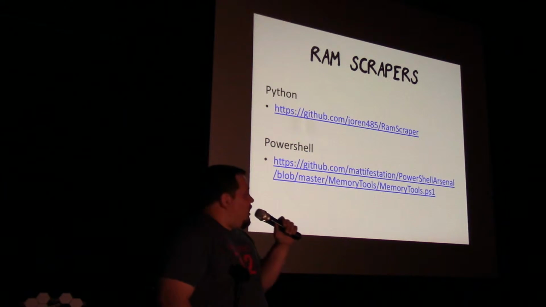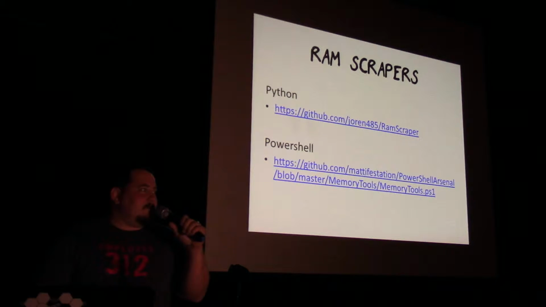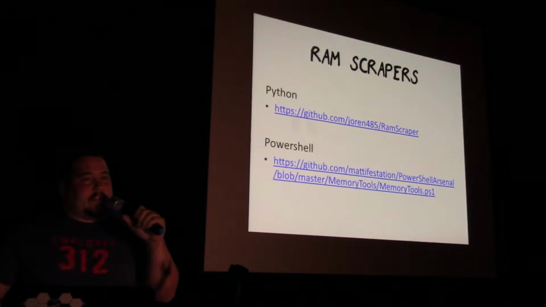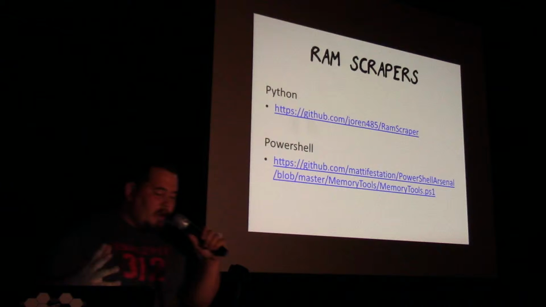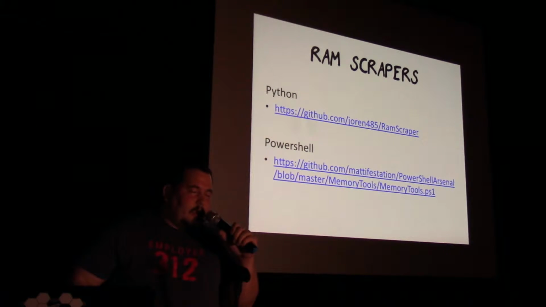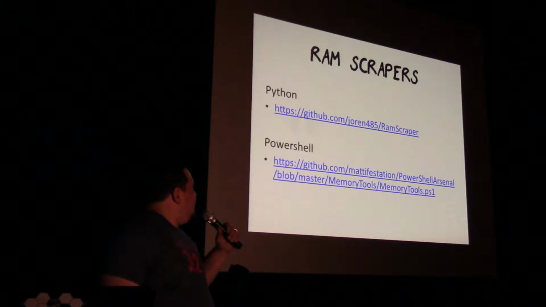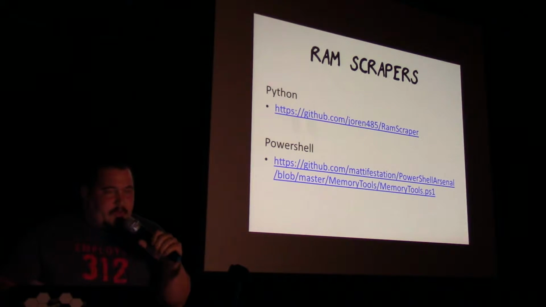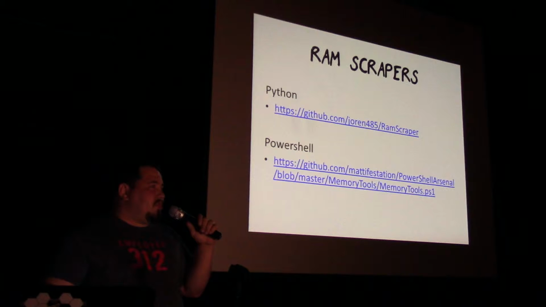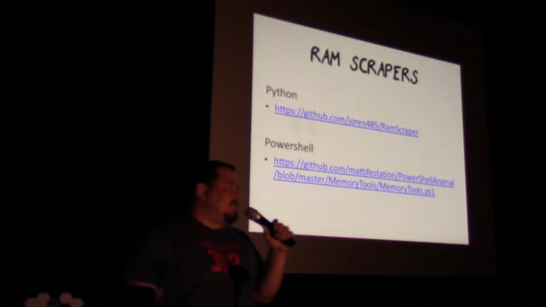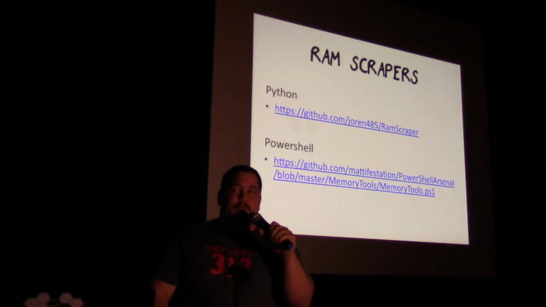If you see the string RSA private key in memory, then you might have another issue. If you see certain hex patterns or whatever, you can find the stuff you want pretty directly, pretty easily with it. So RAM scrapers are a little more technical in terms of programming and messing with them, but the stuff's out there if you want to play with it. It's pretty simple.